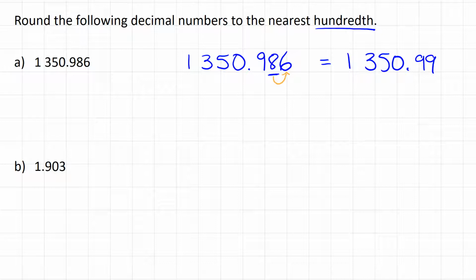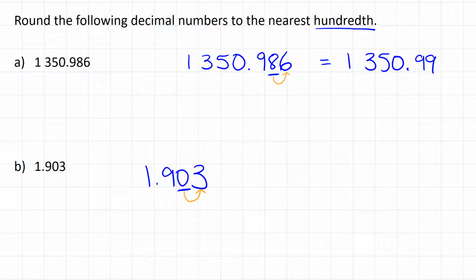We've got 1 and 903 thousandths. So once again, I'm going to write it out, 1.903. Let's underline our hundredths place value, which is the 0. I'm going to move to the right one and look at what's going on in the thousandths place value.